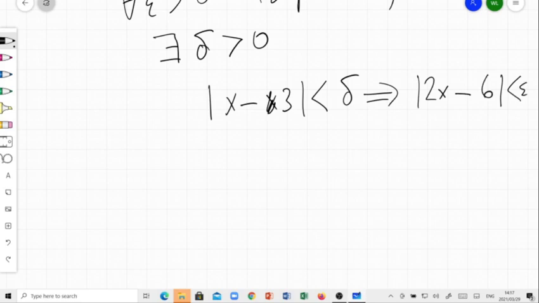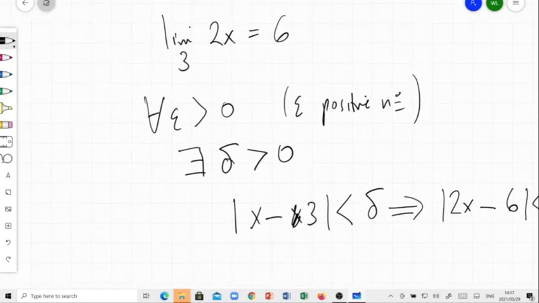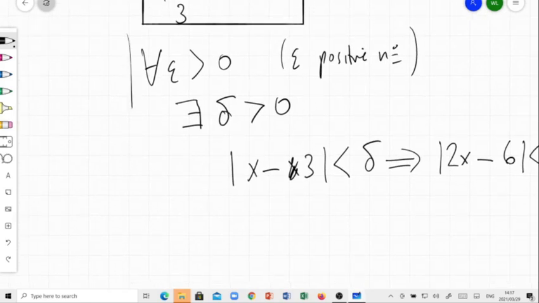So to say this is the same as saying that.